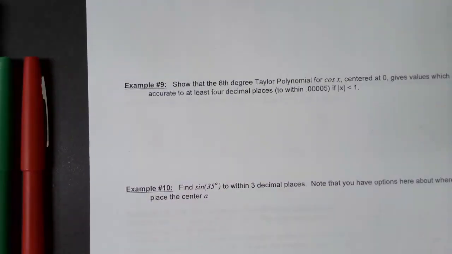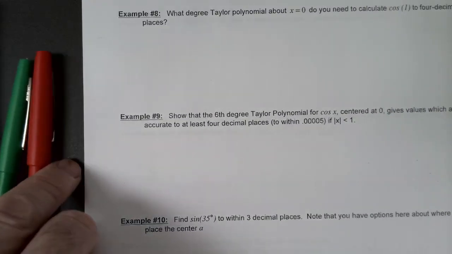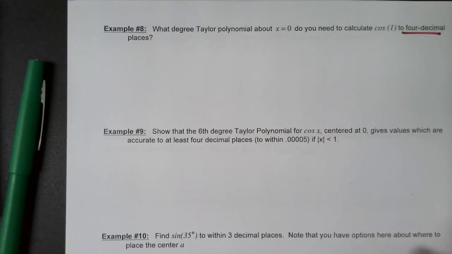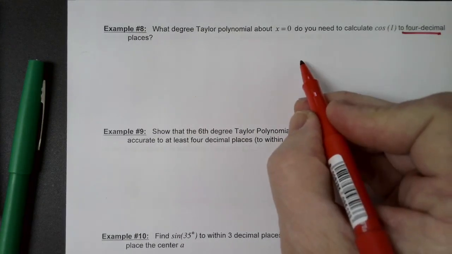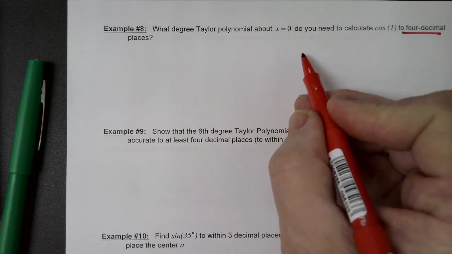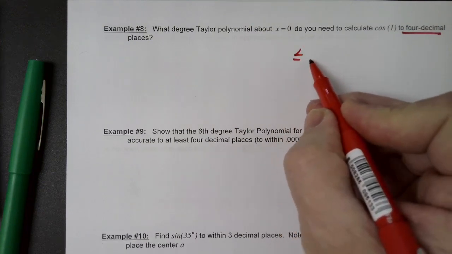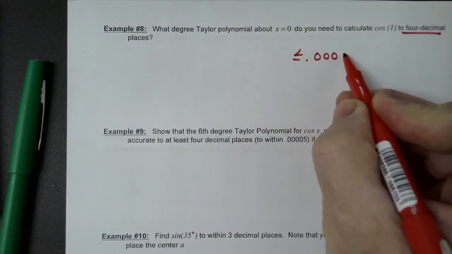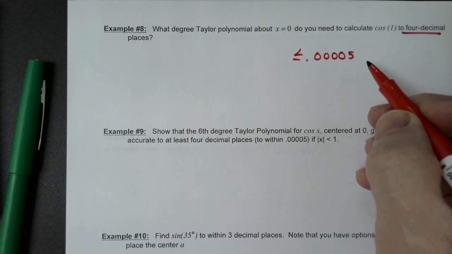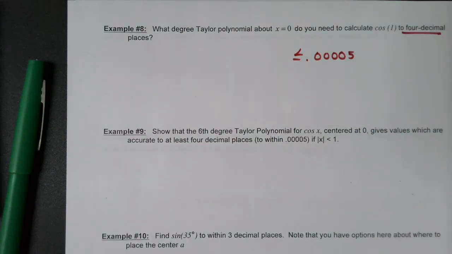Let's take a look here. Next one, pretty similar. This time we're using the cosine, and we want it to 4 decimals. Remember what 4 decimals means. It means that this remainder must be less than 0.0005.